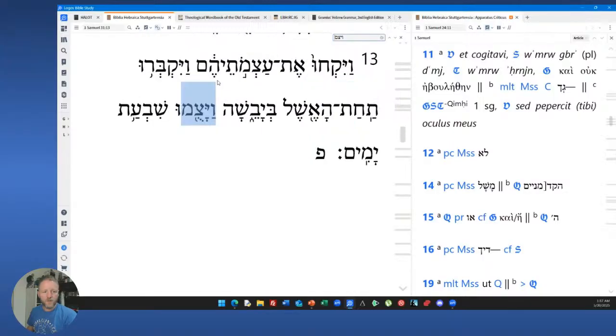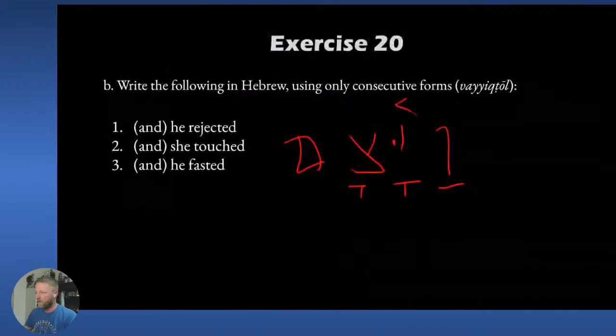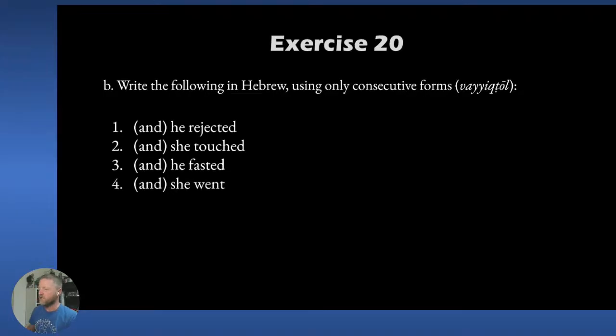This is not the right way to check it. Vayatsumu, they fasted. Vayatsom David som. David fasted a fast, with a cognate accusative. Vayatsom. Okay. I haven't gone through these answers either, so I'm going at this dry. He fasted. Vayatsom.